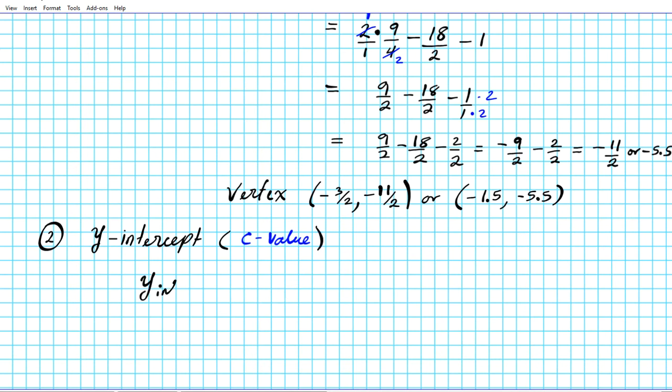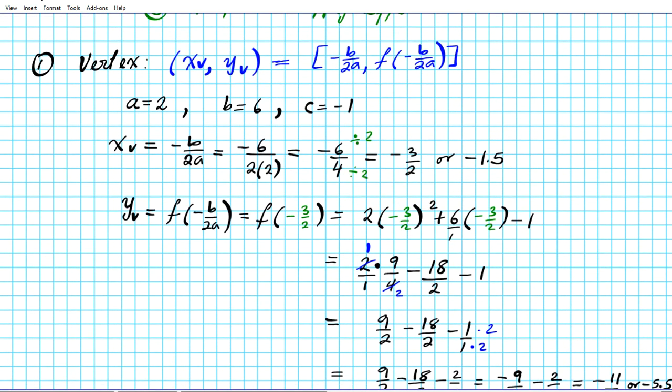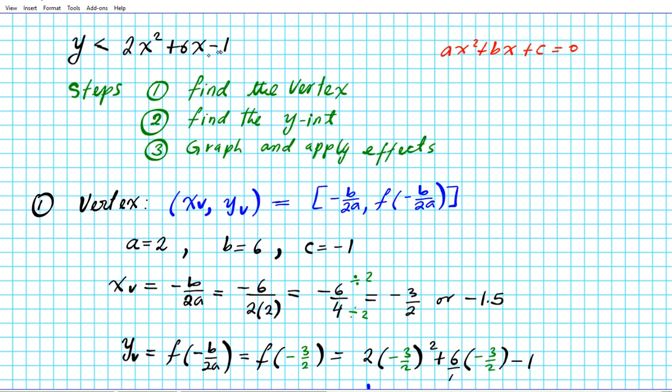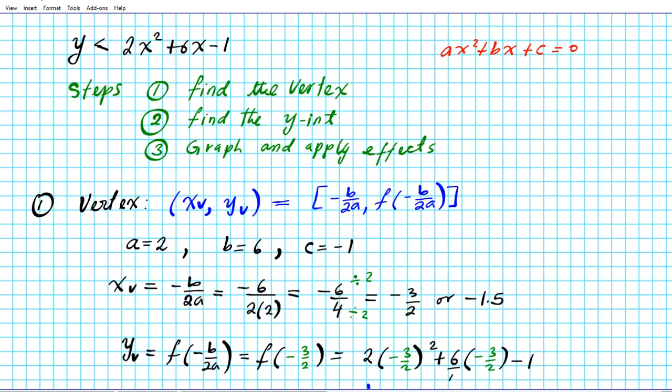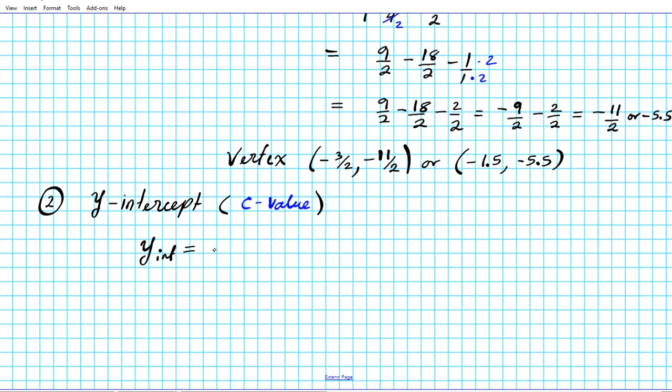So if you go back up to where we started, we ascertained that the c value is negative 1, so our y-intercept is going to be negative 1 also.